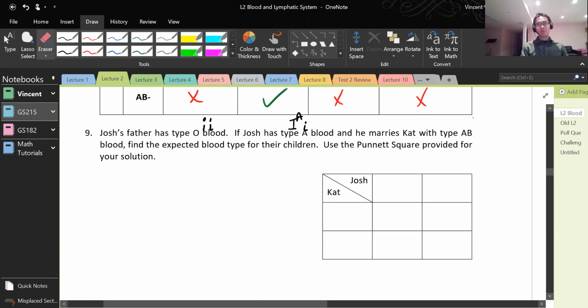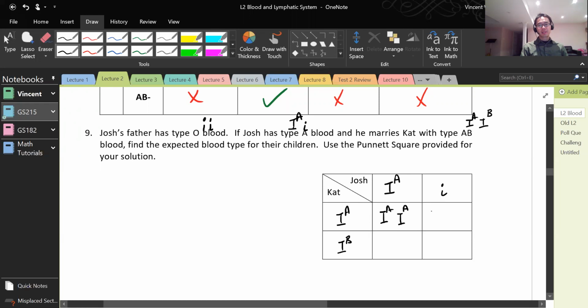And then he marries Kat. If someone's AB, we know their genotype has to be IAIB. So when they get married and have kids, half of Josh's sperm will be carrying the IA allele, the other half will be carrying the small i. During meiosis, the chromosomes separate. And for Kat, half of her eggs will carry IA, the other half will carry IB. So if this sperm finds this egg and they unite and fertilize, then you will get IA IA.